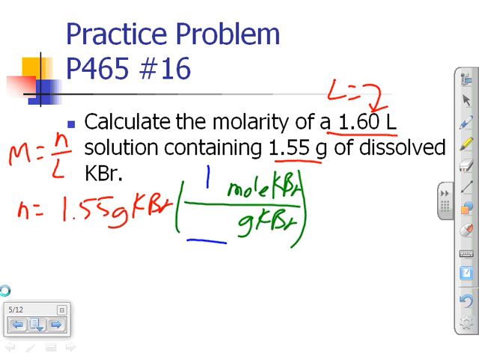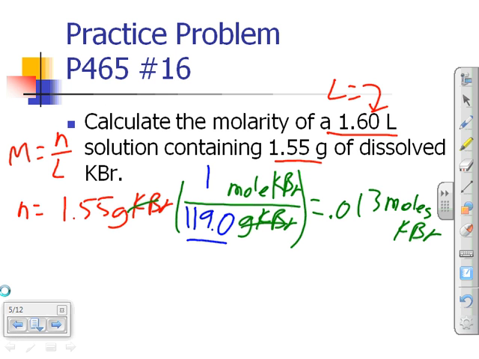That's going to be 119.0. There's going to be our molar mass. Grams KBr will cancel, and we will end up with 0.013 moles of KBr. So that's going to be our n.